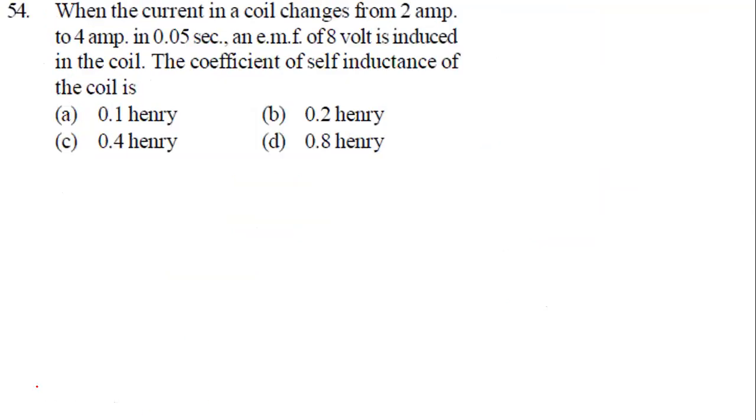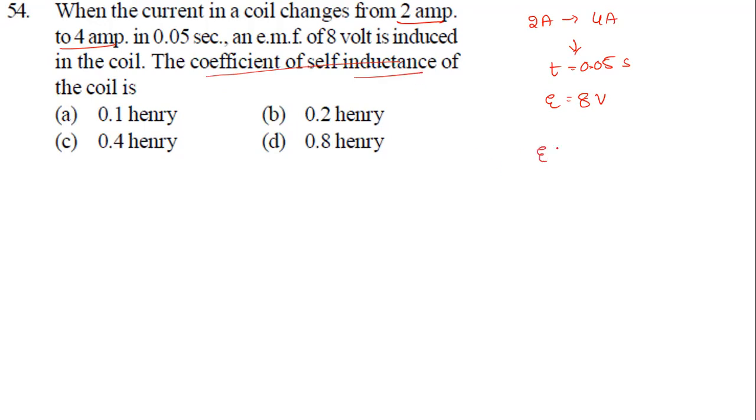Look at the next question. When a current in a coil changes from 2 ampere to 4 ampere in a time of 0.05 second, an EMF of 8 volt is induced. Then the coefficient of self-inductance is how much?